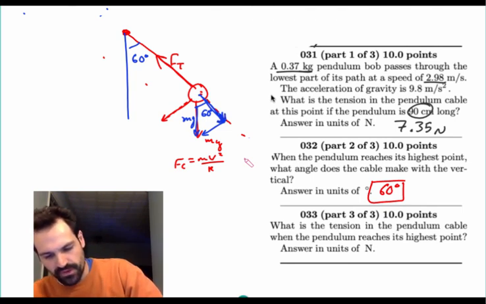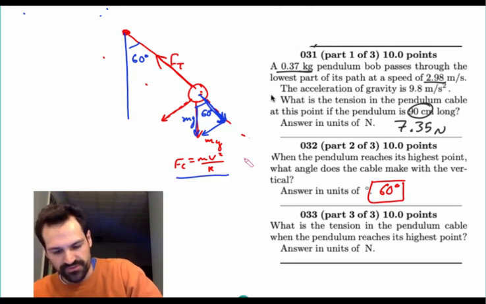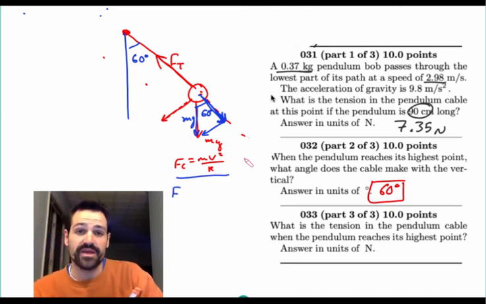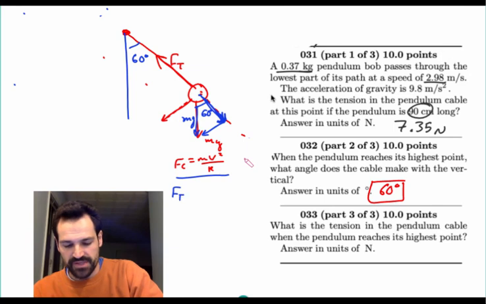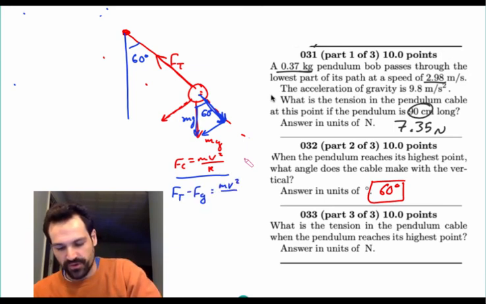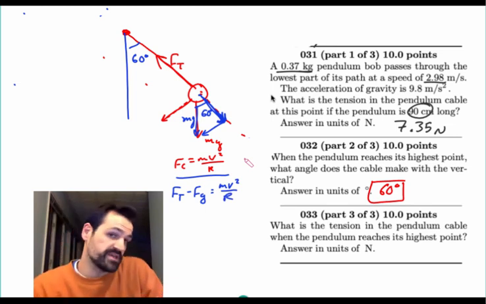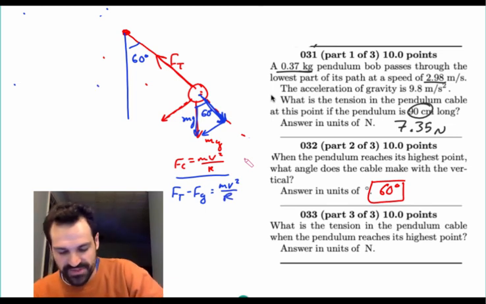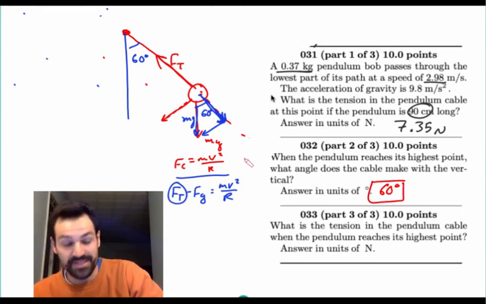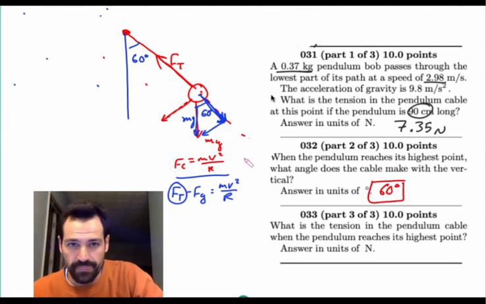So if we look at our centripetal force equation, forces towards the center minus forces away is going to leave us with tension minus the weight equals mv squared over r. And then we basically plug in our values to solve for the tension in the string at this point. The velocity is, at this point, 0.